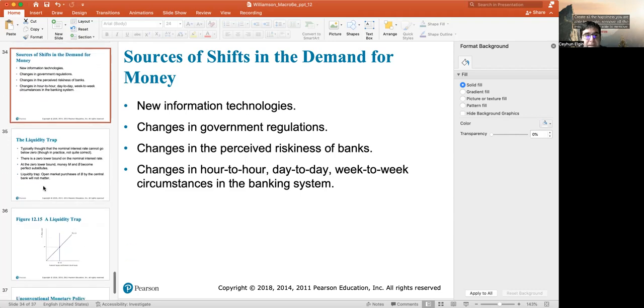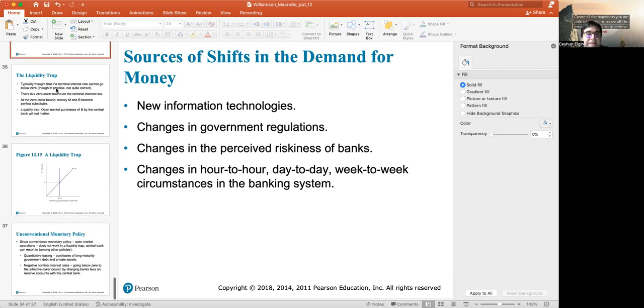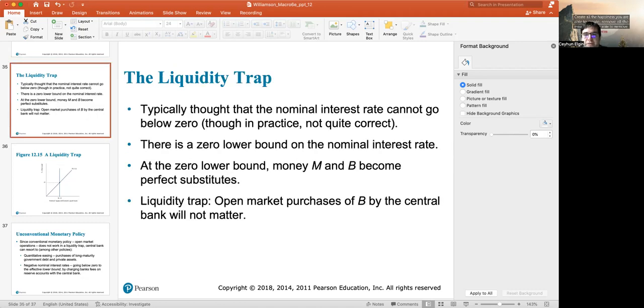Now, the final thing that I want to discuss is a concept called the liquidity trap. The liquidity trap arises from the following. Typically, in practical monetary policy, the nominal interest rate cannot go below 0. The real interest rate can, because the real interest rate is nominal interest rate minus inflation.